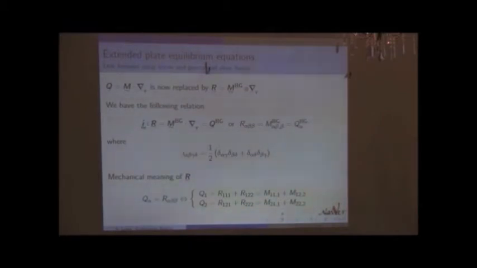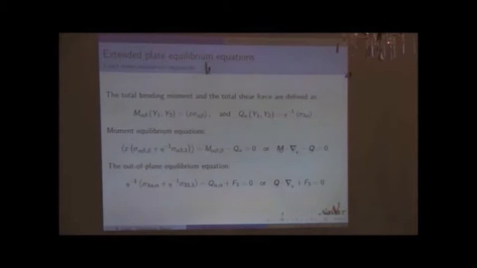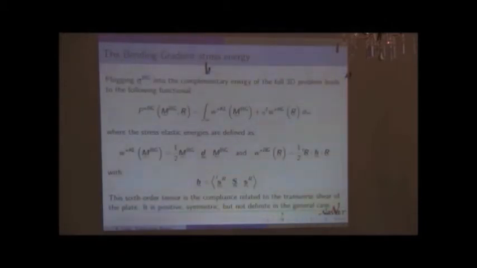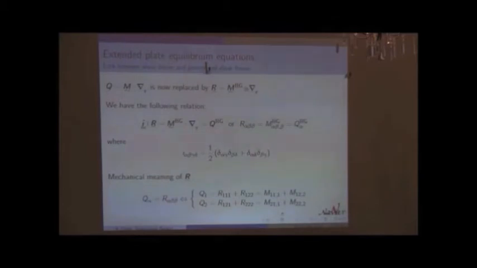Why do we need this generalized shear force? Because in the stress distribution related to shear, we need to make a distinction between the components of the gradient of the bending moment. Each component of the gradient of the bending moment generates different local fields, different localization.